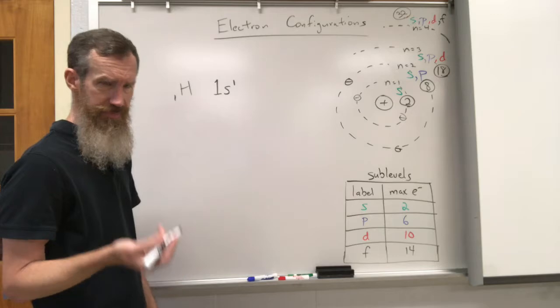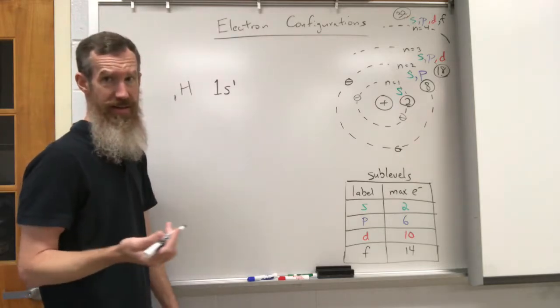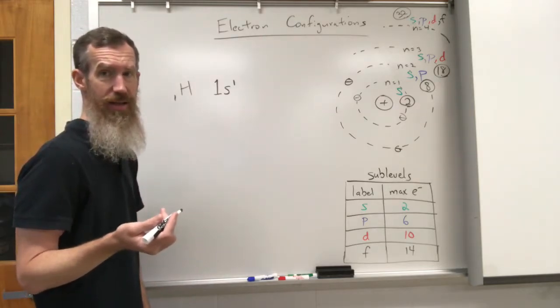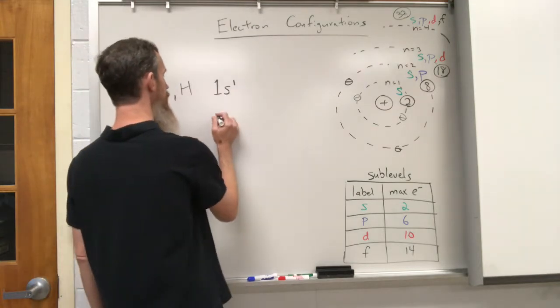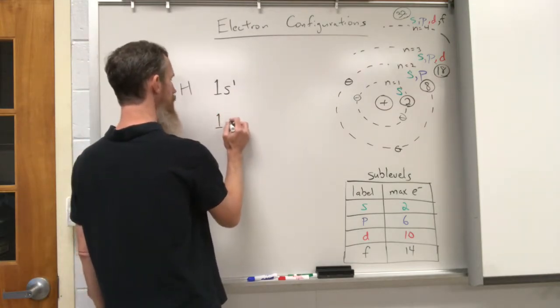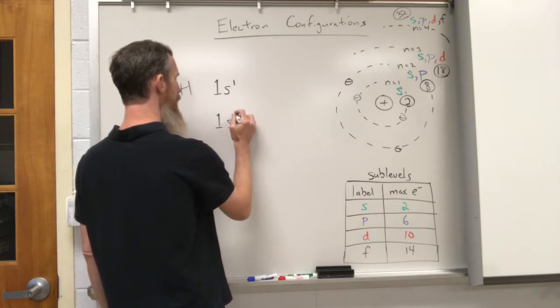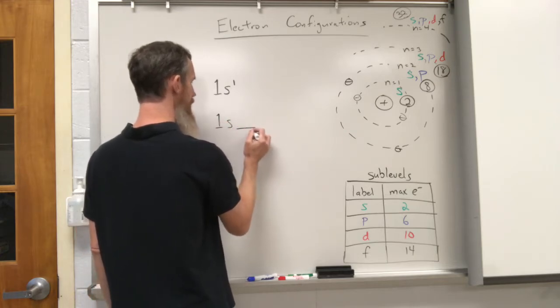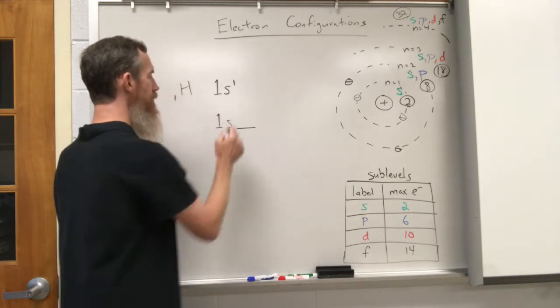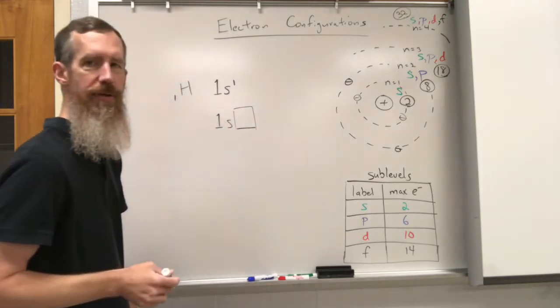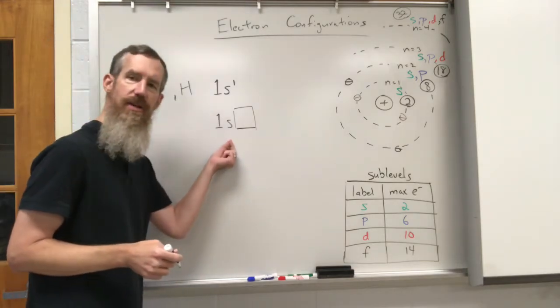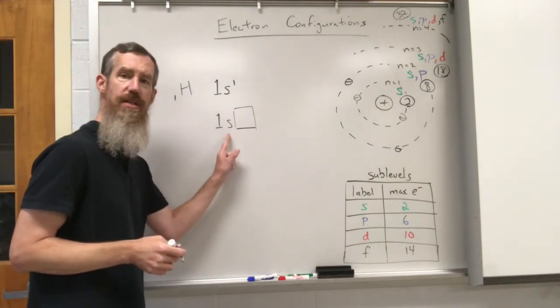Now, another way that this is represented, for a different reason, is the following. We write 1s, and you put a box or a line. I typically write lines. Some other books will put boxes. And what this box is going to represent is the electrons you have in this sublevel.